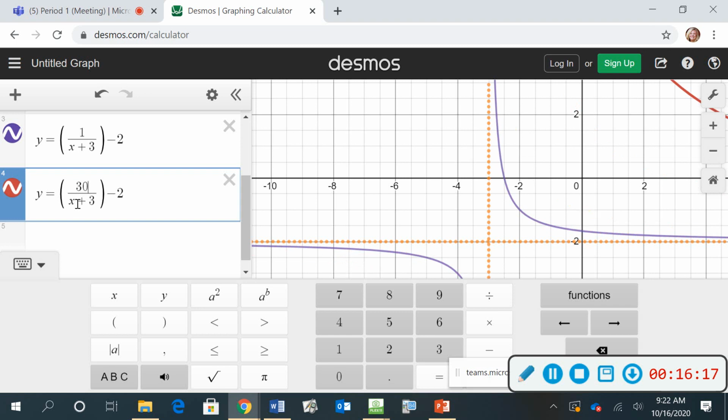What do these stretches look like? Well, they're further and further away from the asymptotes. And if it's between 0 and 1, like 0.5, it's going to be a compression, which means it's going to be sucked in closer and closer to the asymptotes. Thumbs up or thumbs down if you understand the relationship between that top number and what it's going to look like on the graph.